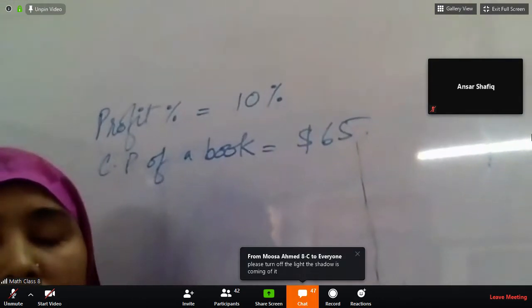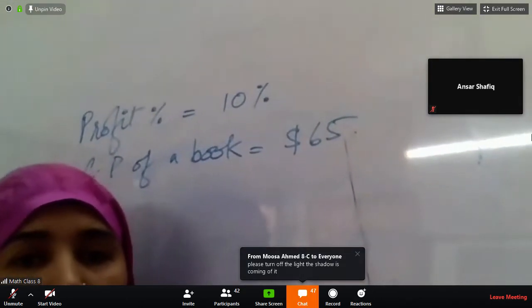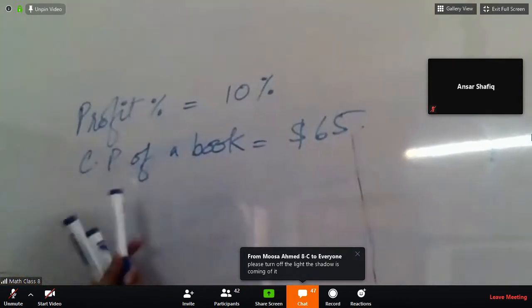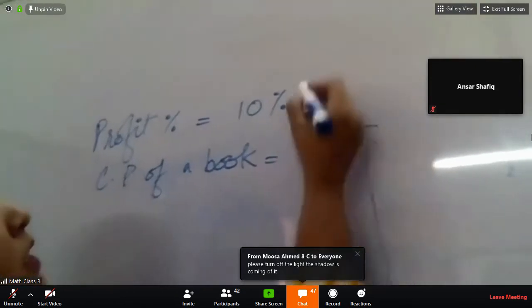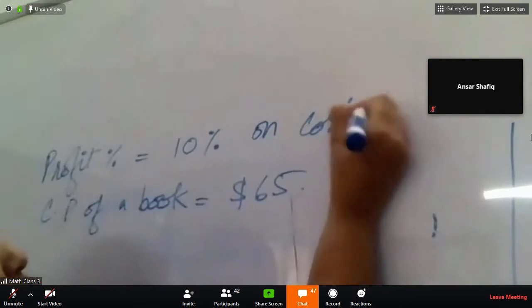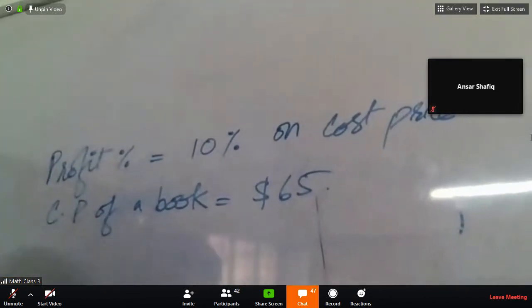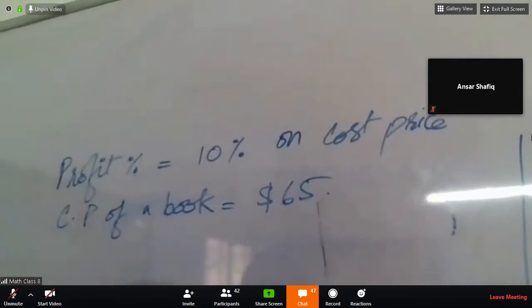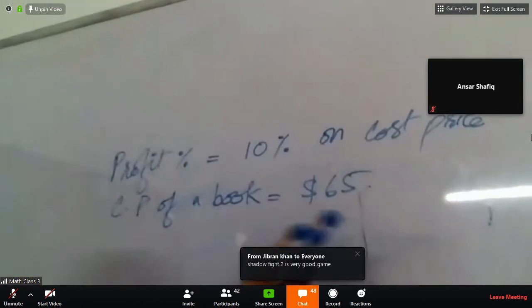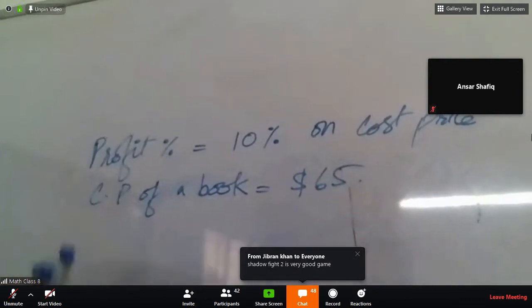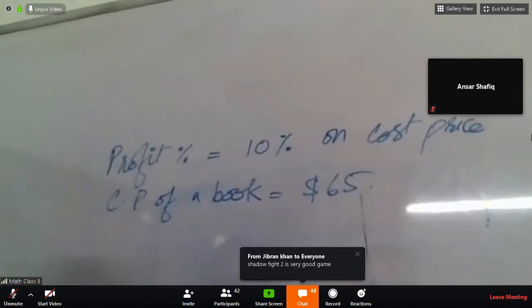If the shopkeeper is taking a profit on cost price, to make it very clear, he's getting 10% profit on it. And the cost price of a book is $65. So you need to find out the selling price of it.